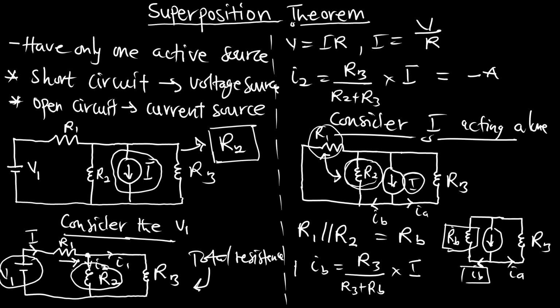Now, if we have the value of IB, we can still use the current divider rule again to find the current, because this RB is the total effect of R1 and R2. So we can also, from this first diagram, apply the current divider rule to know the current going through R2 and R1, and that is going to be, say, this current RB is going to divide itself into I prime and the one here as I prime prime.